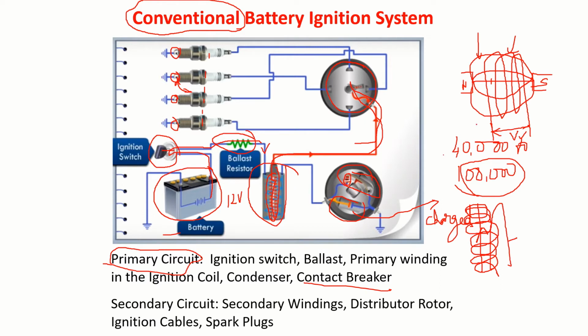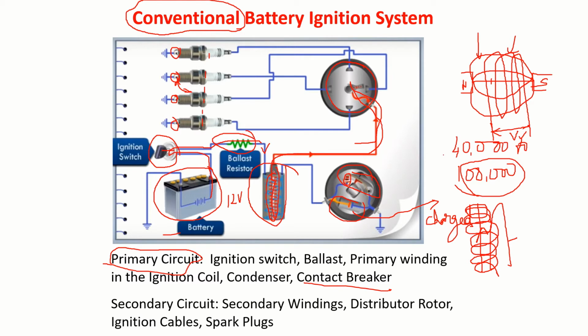As I told you here, we need a rotating magnetic field. So what is happening here: when the circuit is closed, current passes, a magnetic field will be produced, that will be cut by this coil, and voltage will be induced. But that is not sufficient.